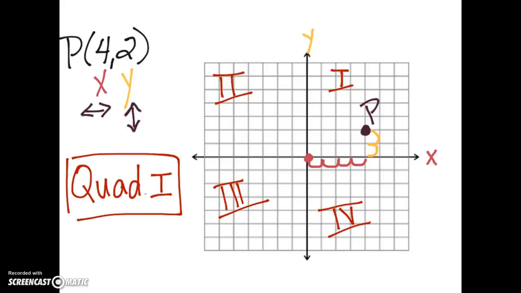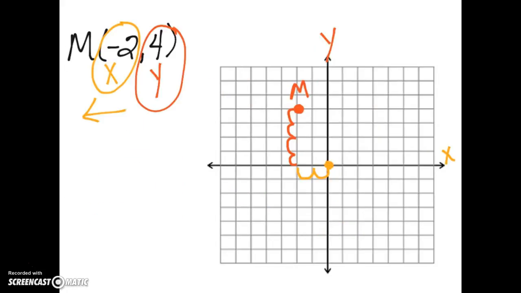Okay, let's look at the next one. This was point N. So again, we're going to start our labeling. This was quadrant 1. We're going counterclockwise. So that's 2, 3, and 4. Alright? So we're looking for point M because that's what we were dealing with on here.